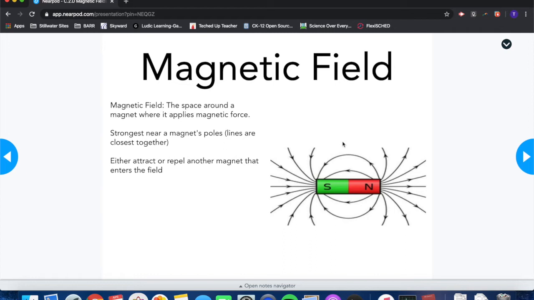So it will either attract or repel another magnet that enters into its field, and we'll show in just a moment what that looks like. But you should have something that looks approximately like this, and you can see that the arrows point from north over towards south. So there you go, that's a magnetic field.